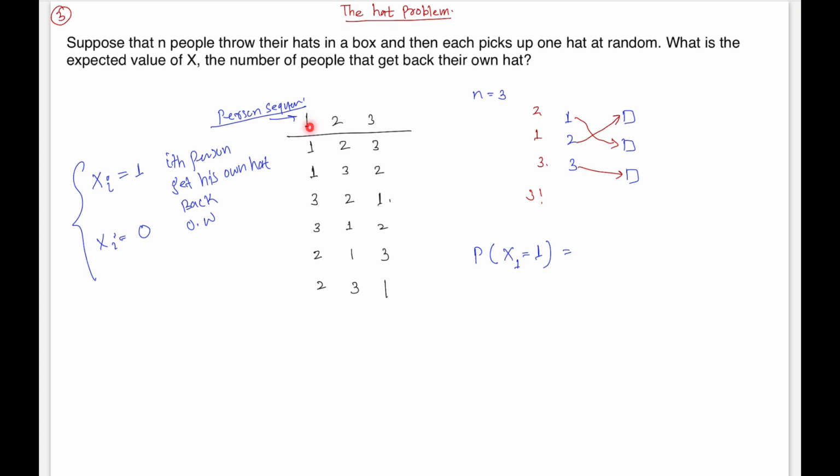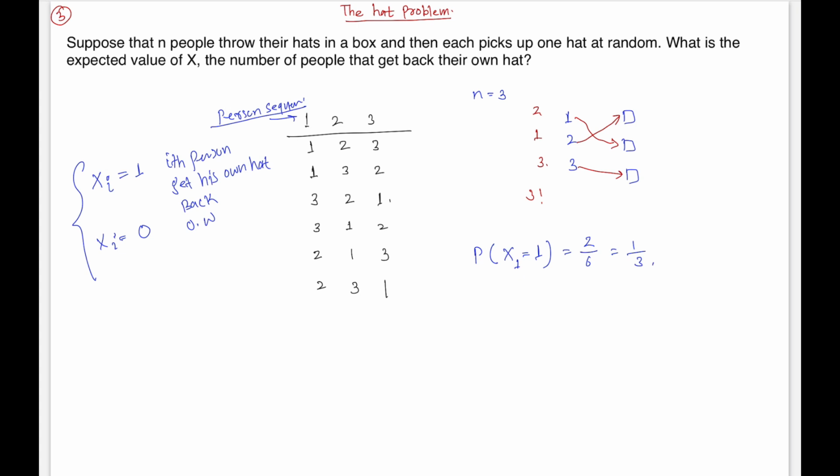So what's the probability that the first person gets his own hat back? Here he is getting his own hat back, here also, right? And no other is favoring, so these two are the only ones that are favoring. So what will be the overall probability? That would be 2 divided by 6, that is 1 divided by 3, right?